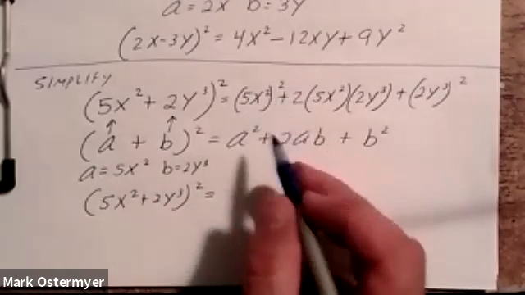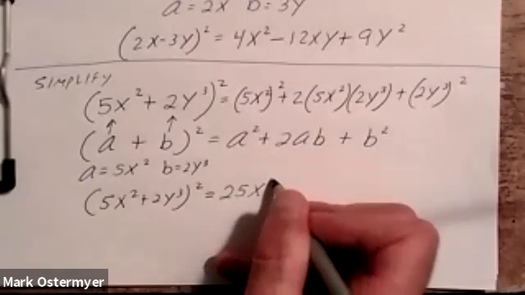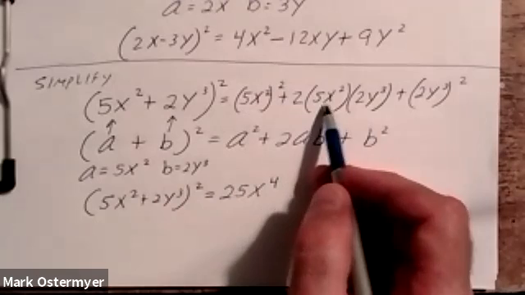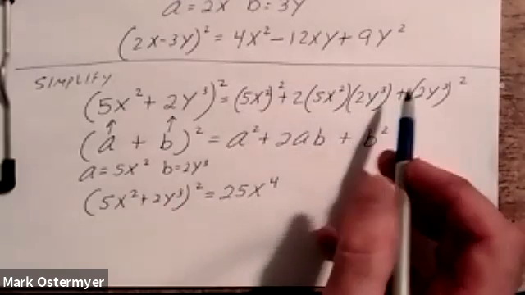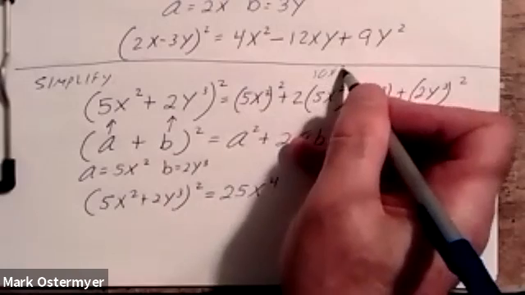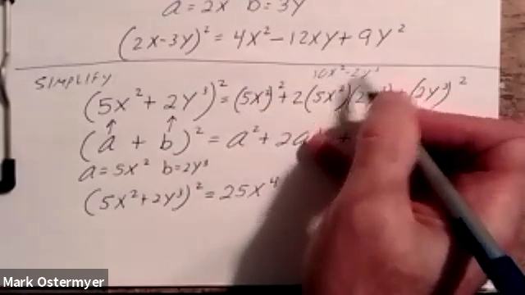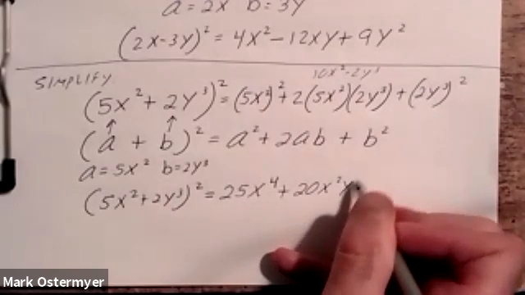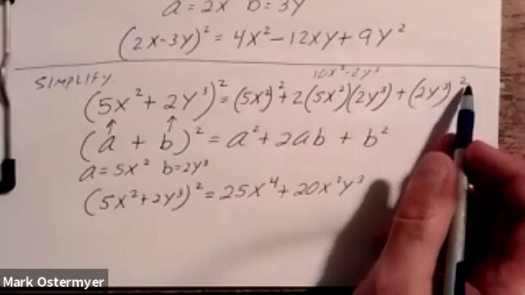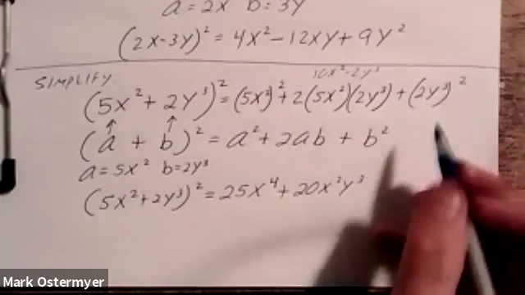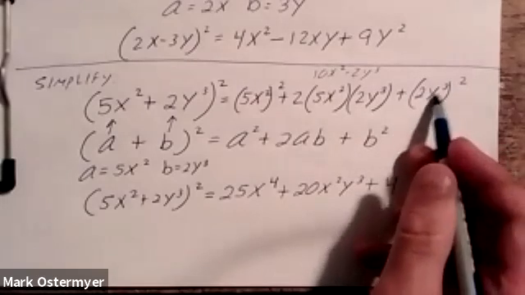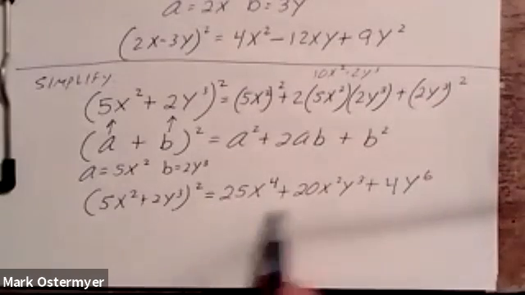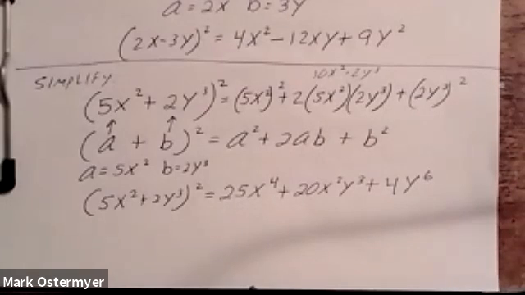So 5x squared squared is going to be 25x to the 4th. 2 times 5x squared is 10x squared, and 10x squared multiplied by 2y cubed is going to net us 20x squared y cubed. 2y cubed squared is going to be 2 times 2 is 4, and y cubed squared is y to the 3 times 2 power, y to the 6th, and we're done. You see that, ladies and gentlemen? We're done. We got our answer.